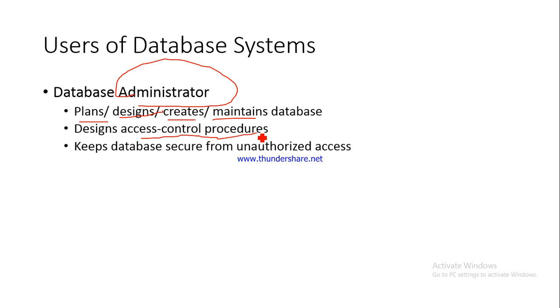Depending on whether the machine is able to match this fingerprint with the earlier record, this person will be allowed to access the system and the account and perform the various banking operations. So this is how you have different kinds of access control procedures, and these procedures are designed by the database administrator to keep the data secure from unauthorized access.